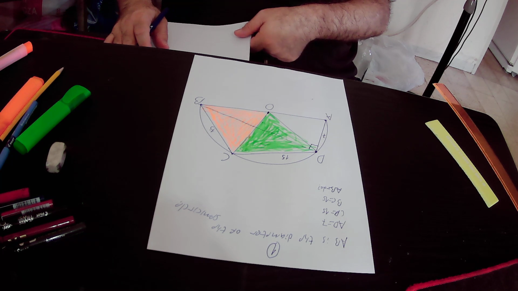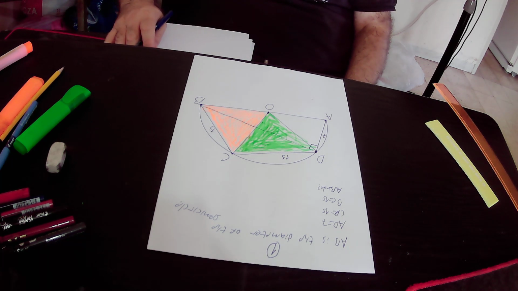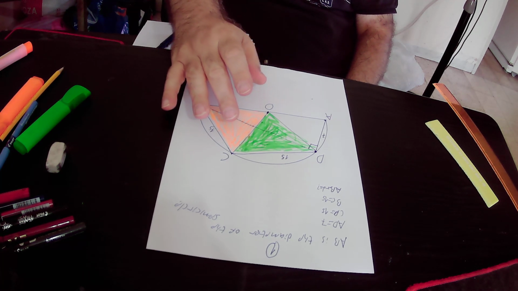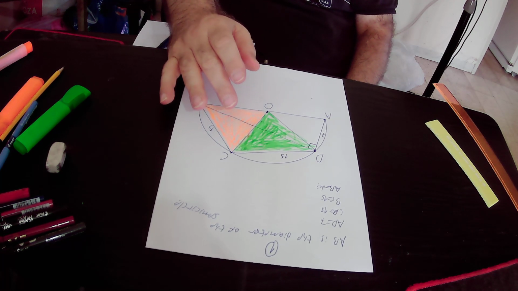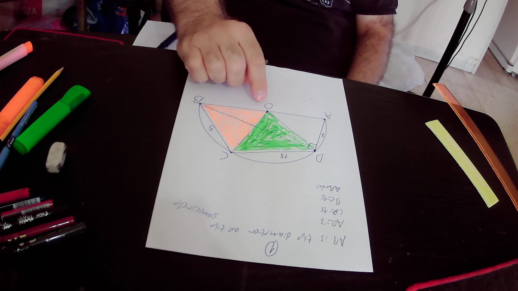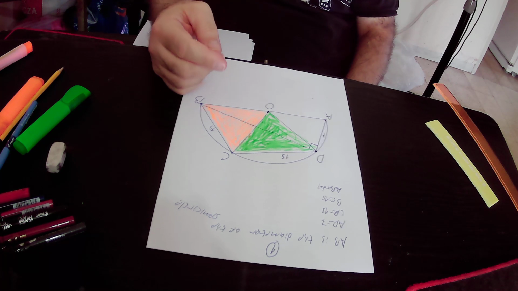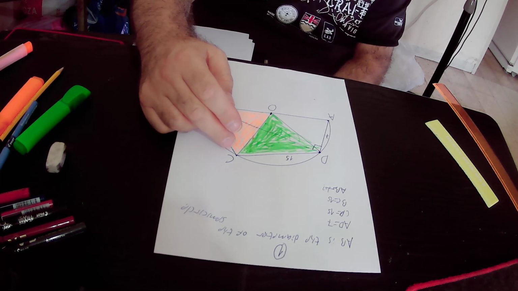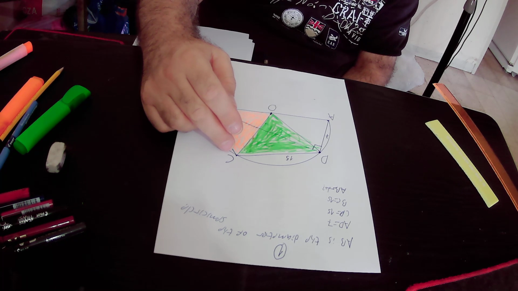And actually OC is the radius of this semicircle, because it starts from point O, that is the center of the semicircle, and ends at point C, that is a point of the semicircle itself.